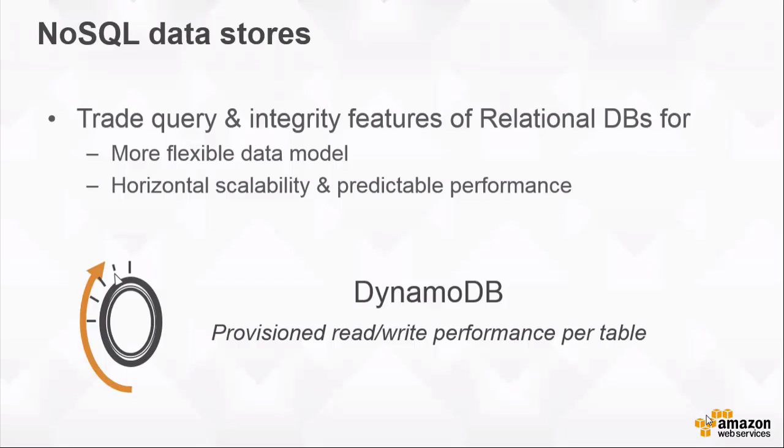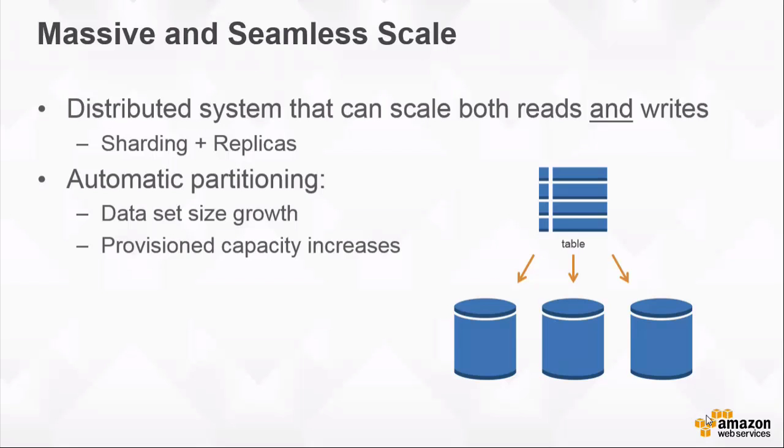This is what allows DynamoDB to provide you with two simple configuration options: how many reads and how many writes you want to support per second. It is a fully managed service, and all the partitioning happens automatically in the background, either because your dataset grows or because you tell us you want to provision more capacity in terms of reads and writes per second.